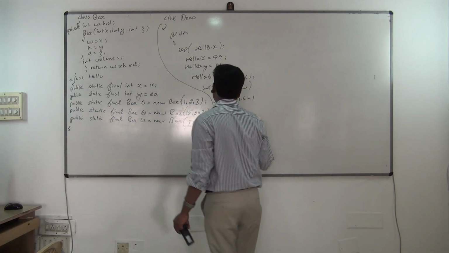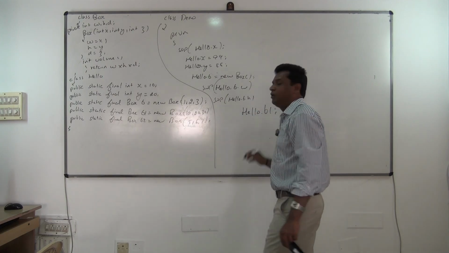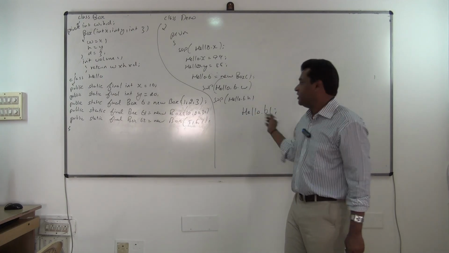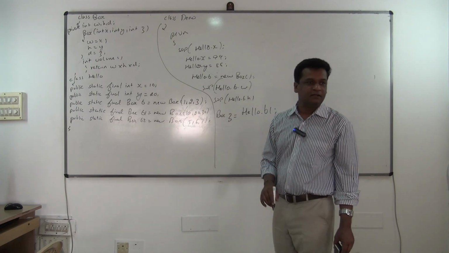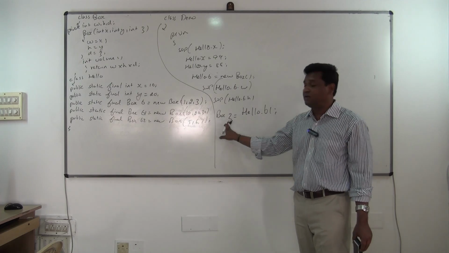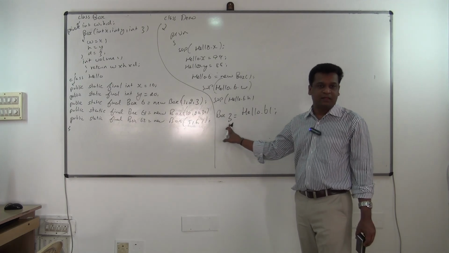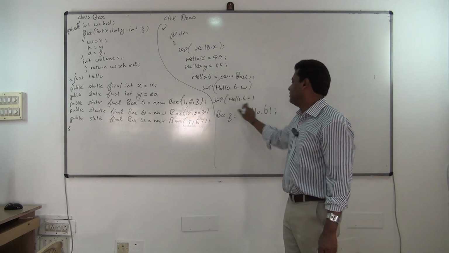I can call like this also, or if I want, I can work like this. If I want to work with b1, I'll say hello dot b1. So that reference will be given to what now? Box z. Valid now? If I want to work with b1, hello dot b1, I'll access it and give that value to z. Okay. And now I can work with z. Instead of doing it like this, I'll write SOP.